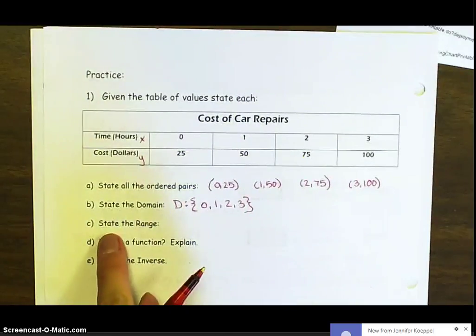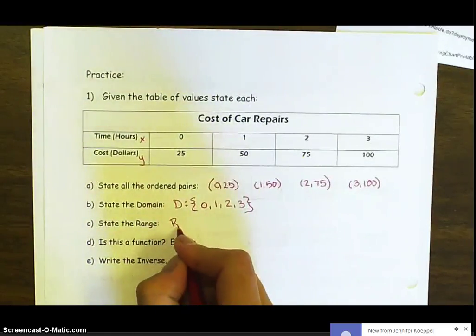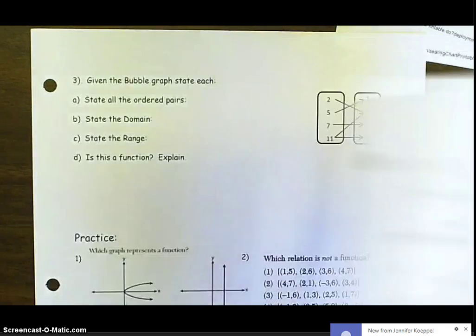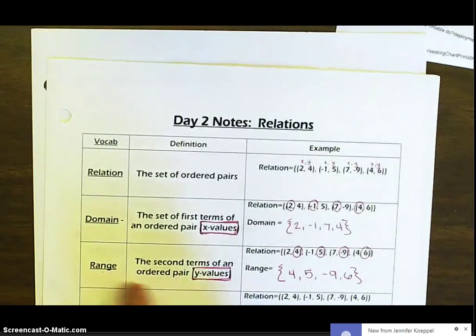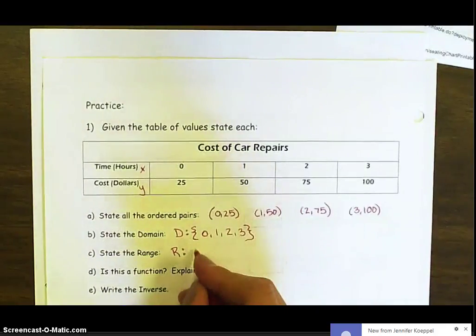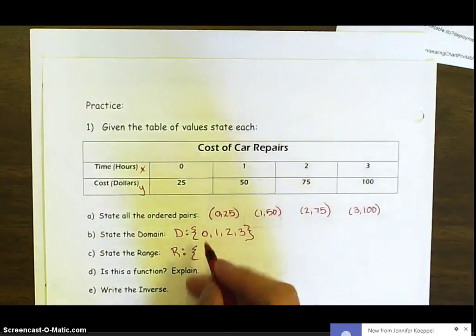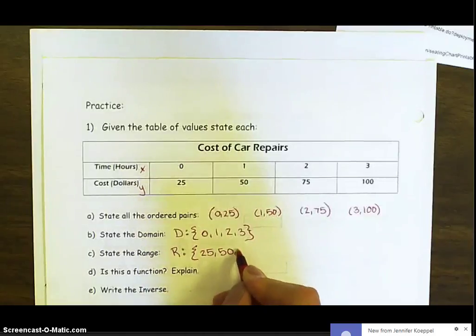Okay, next up, we want to state the range. I'm going to put an R in the front here. So your range is going to be your y values. Okay, so my y values here are the set of numbers 25, 50, 75, and 100.